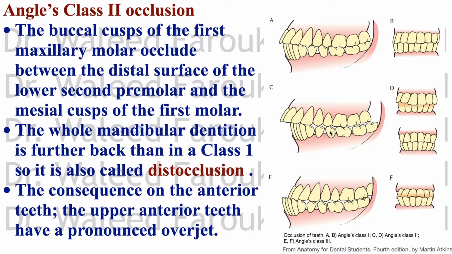Okay, so slightly anterior, slightly forwards. The upper jaw is slightly forwards, as you can see here. It's evident here. The whole mandibular dentition is further back than in class 1. This is called distocclusion. The consequence on the anterior teeth is that the upper anterior teeth have a pronounced overjet or extremely positive overjet.